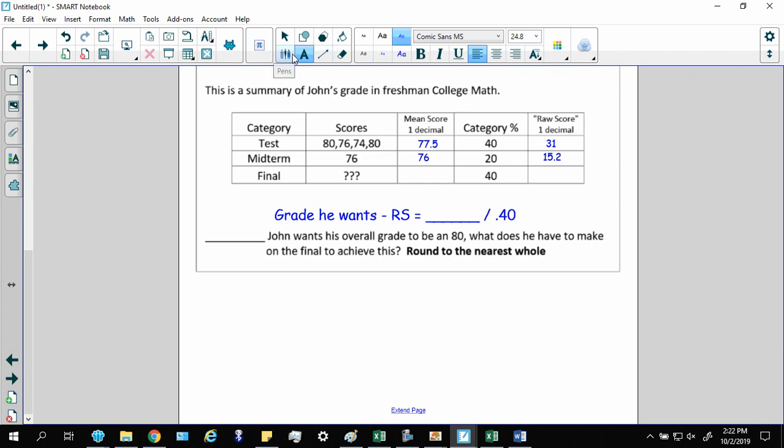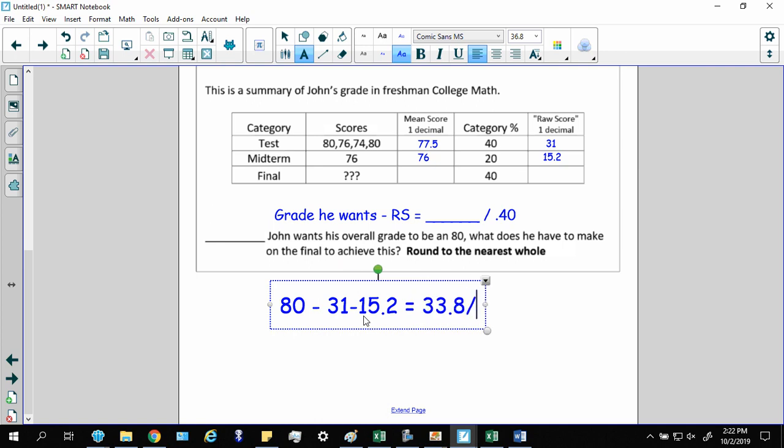The grade he wants is going to be an 80, because he wants to have an 80 in the class. I'm going to subtract the 31 and the 15.2, and I get an answer of 33.8, and then I divide that by 0.40. The grade he's got to get on the final exam to make an 80 in the class is a rounded 85.